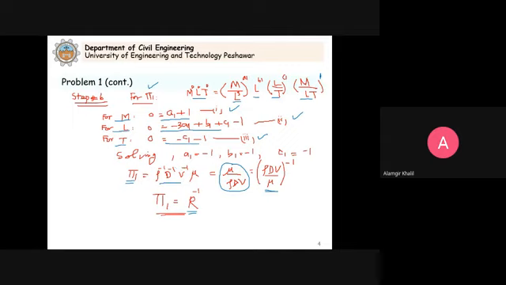When you come up to this stage, when you put the values for the exponents and you calculate pi 1, you must check that there should be no dimensions here, because by definition pi is dimensionless. This will be a check on your calculations. If you put the dimensions here and you get any dimension remaining, you made a mistake.